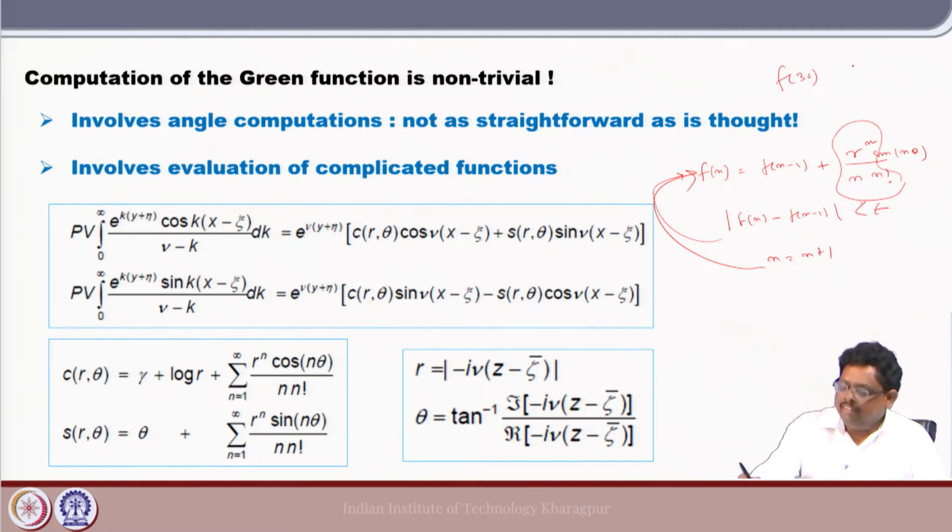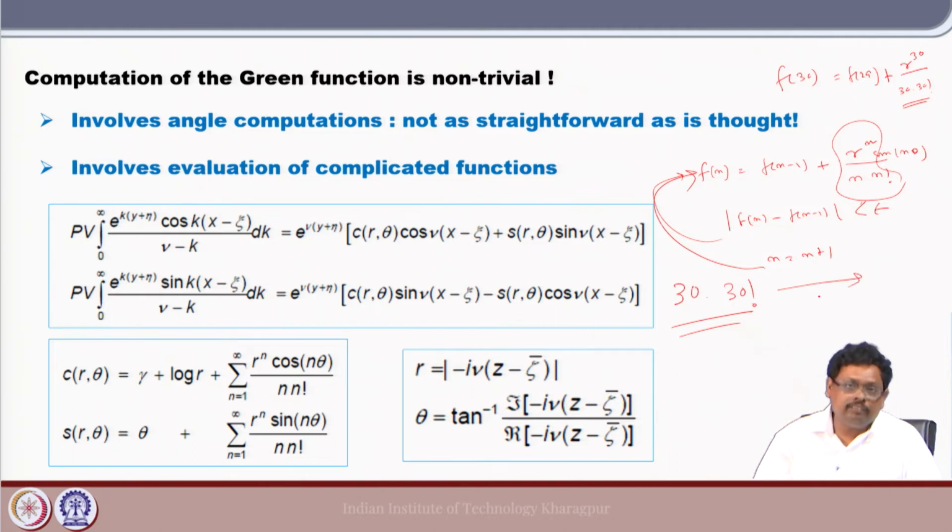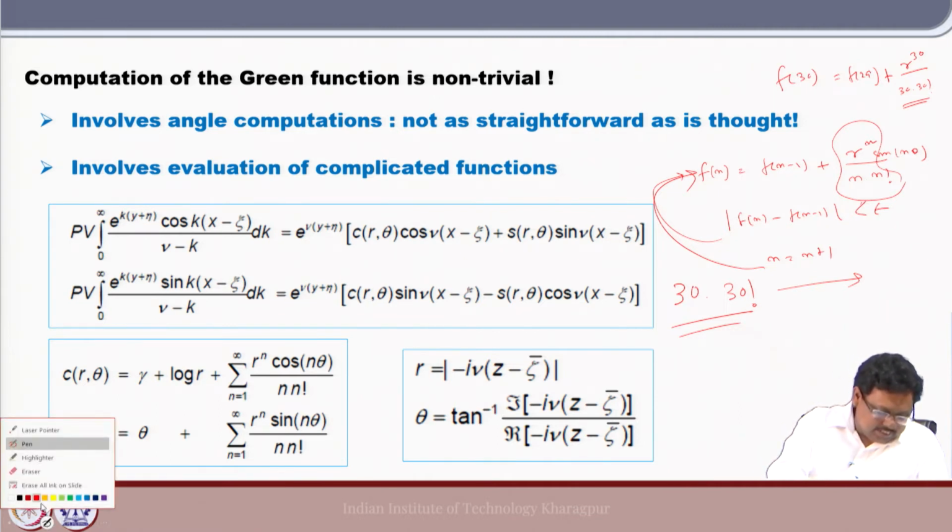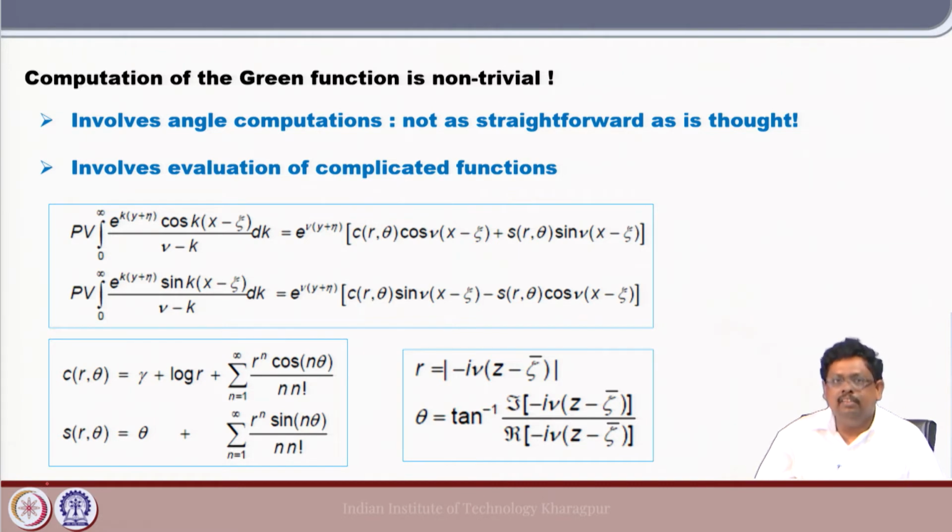If you try to find out f 30, it is nothing but f 29 plus r to the power 30 divided by 30 into factorial 30. I very much doubt if 30 into factorial 30 will return you an integer value or not. So, once you start writing this code, this kind of thing you have to deal with.